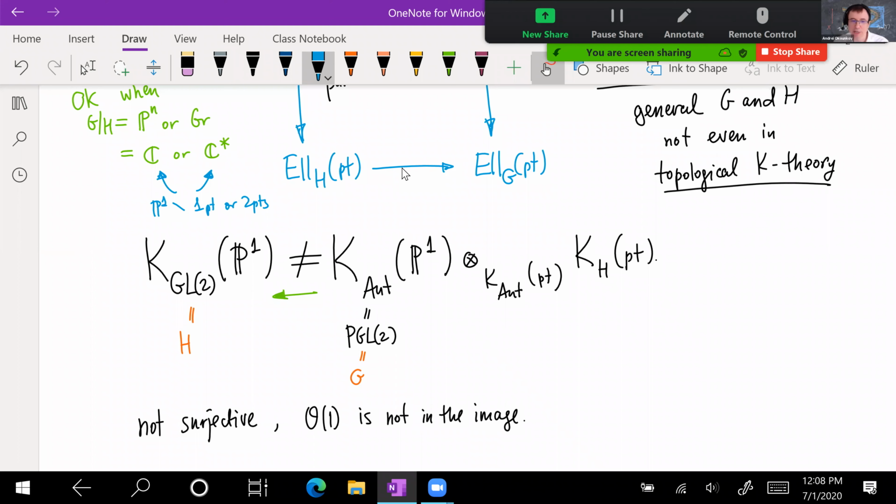If you have a map between groups, it might have a kernel, which is a normal subgroup in the first, and it might have a quotient, which is a homogeneous space in the second. That makes sense. So GL2 maps to PGL2 with a kernel of order 2, and that makes it less complicated.